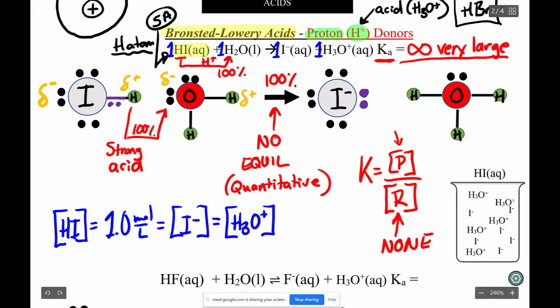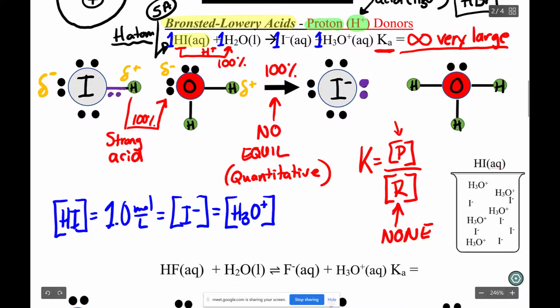And you may have done a quantitative calculation like pH is equal to the negative log of H3O plus. So since HI ionizes 100% to make H3O plus, and this was 1 mole per liter, that makes this 1 mole per liter.